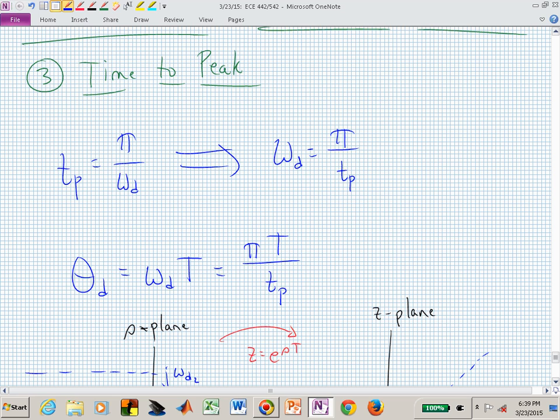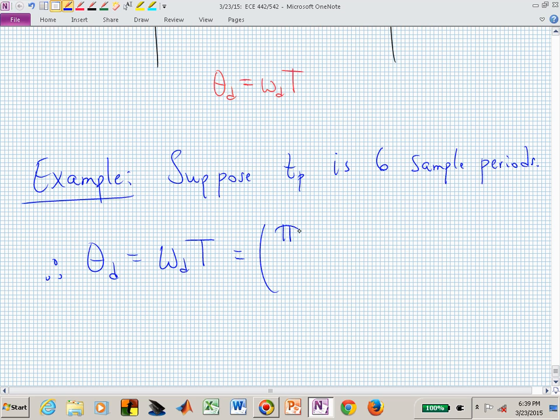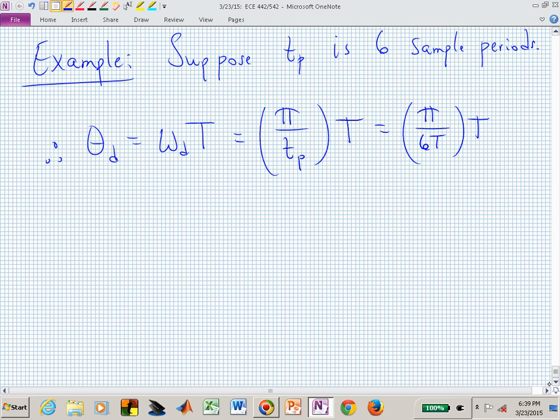That's pi over time to peak, so we can say pi over time to peak times T. But we just said time to peak was 6 sample periods. That's 6 times capital T times T, so that our angle theta sub d, to achieve a peak time of 6 samples, is pi over 6, or if you're thinking in terms of degrees, it's now 30 degrees.